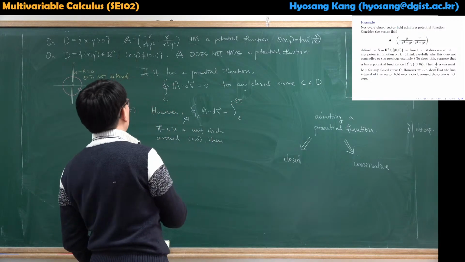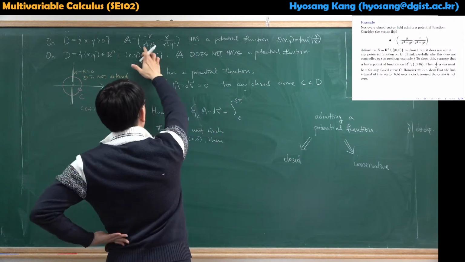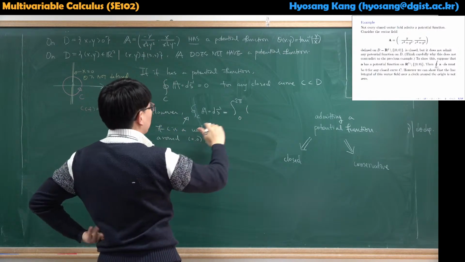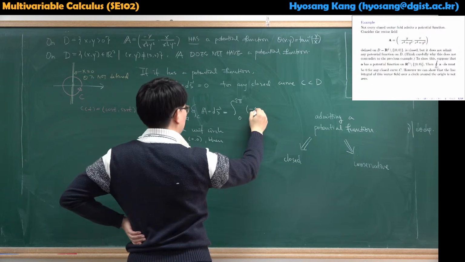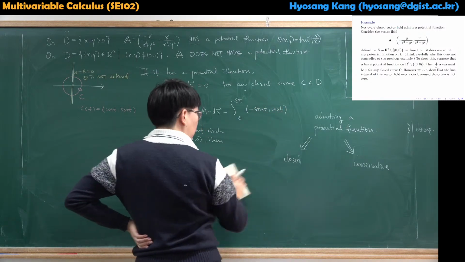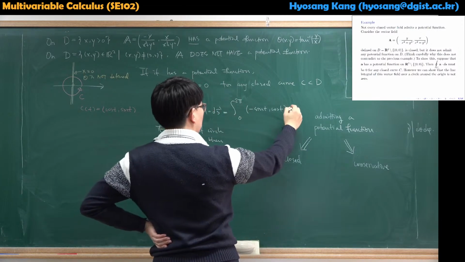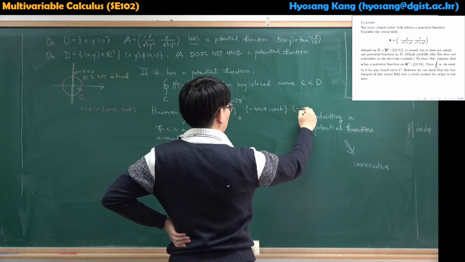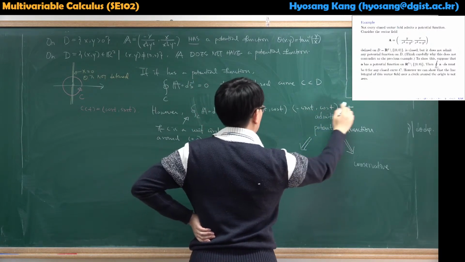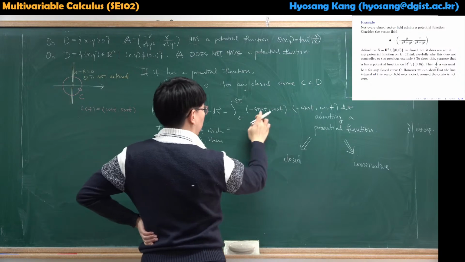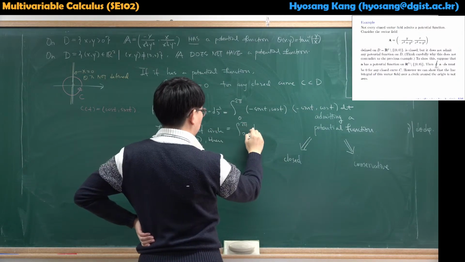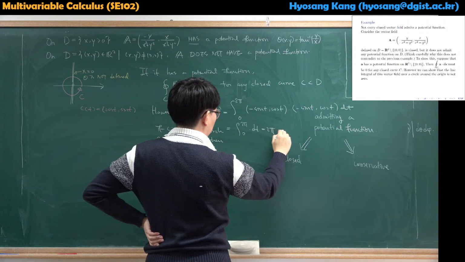So we have A, where the denominator is always 1, because we are on a unit circle. So minus sine t, cosine t, and then C prime t, which is minus sine t and cosine t, dt. So basically we have sine square plus cosine square, which is 1, so the integral from 0 to 2 pi of dt is 2 pi.